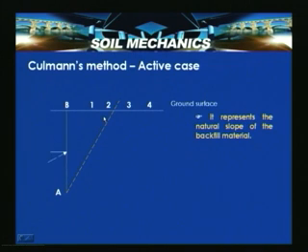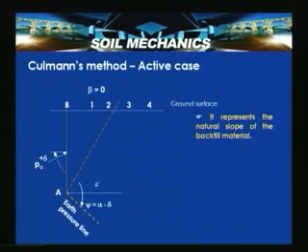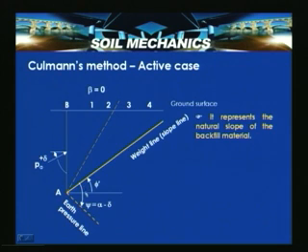Now, once again, draw this earth pressure line. This earth pressure line has to be drawn at psi, equal to alpha minus delta, inclination from the slope line. Please note, the earth pressure line has to have an inclination of psi equal to alpha minus delta.